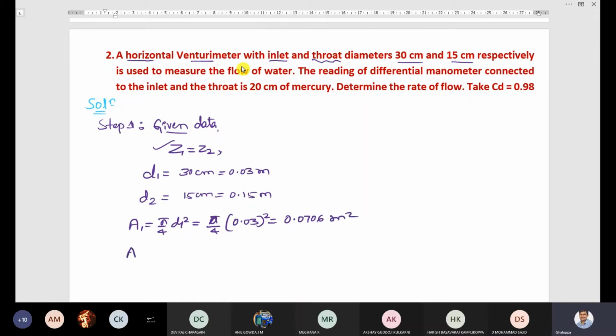And the area at section 2, some books take small a, you can also take uppercase A, no problem. Be careful with the units only. The diameter is 0.15 square. If you substitute the value, I will get 0.0176 meter square. So these are the data he has given.